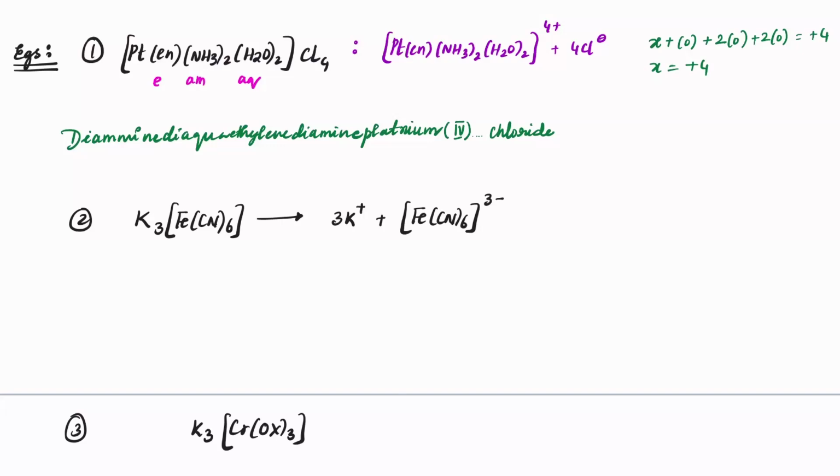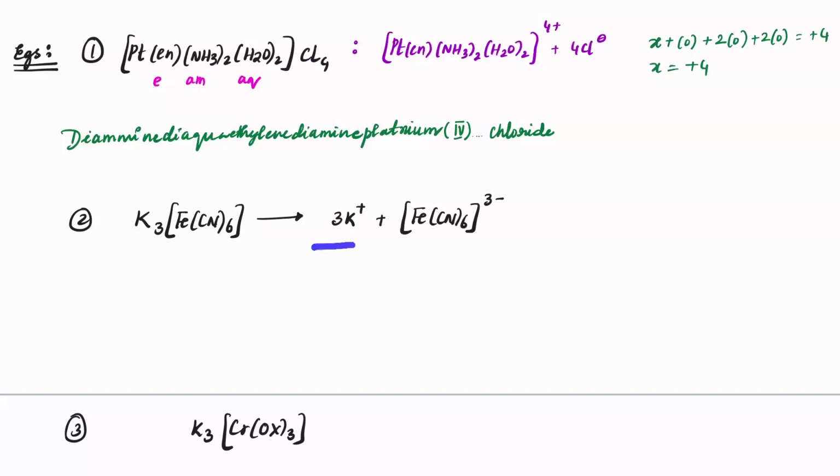Now notice the second one. The second one has 3K plus and Fe(CN)6 3 minus. In this case, it is an anionic complex. If it is an anionic complex, what will be the name?